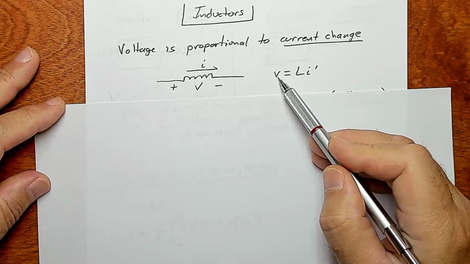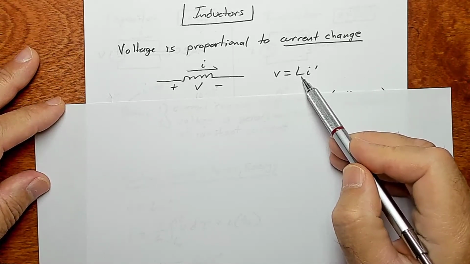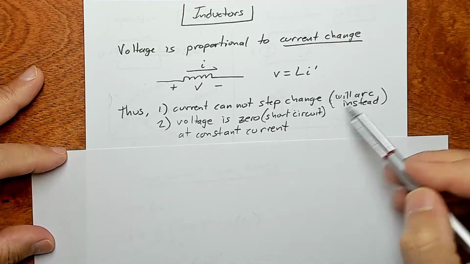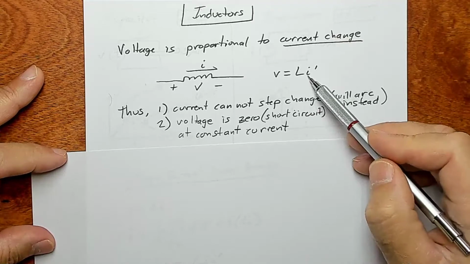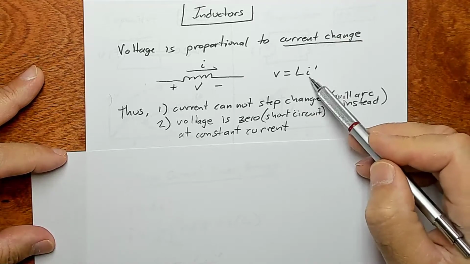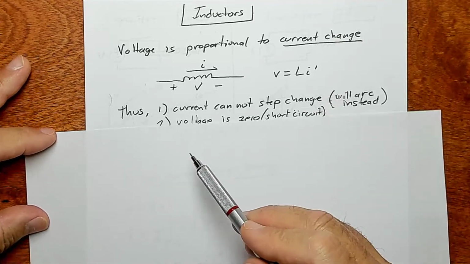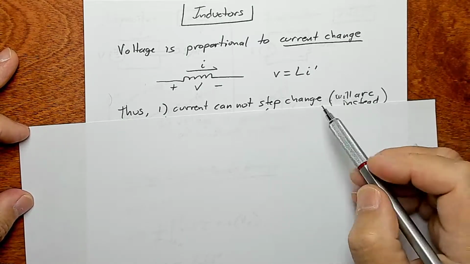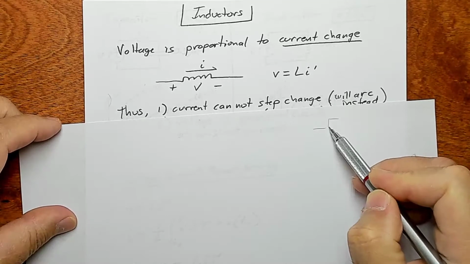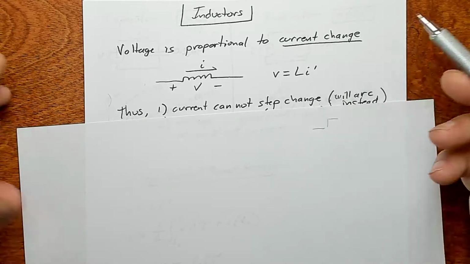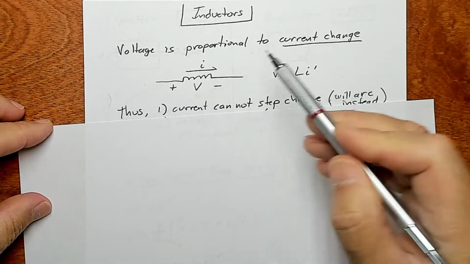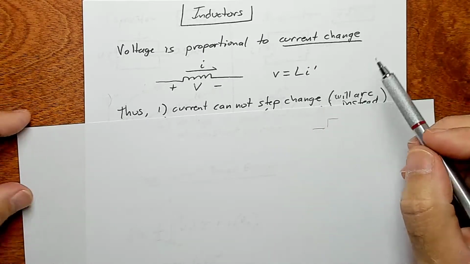So this guy here develops a voltage that's proportional to the change in current. That leads to two main effects, which you can understand in terms of calculus and derivatives. First of all, the current cannot step change, because that would result in an infinite voltage, which is not physically realizable. Even getting close to infinite is bad.